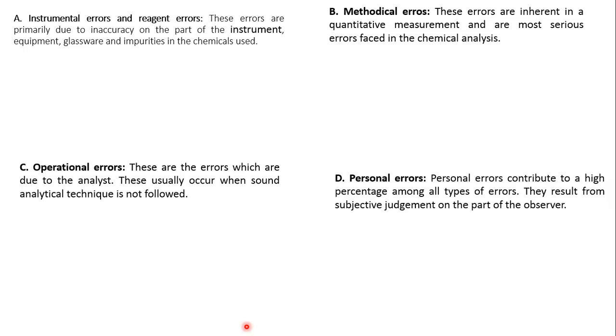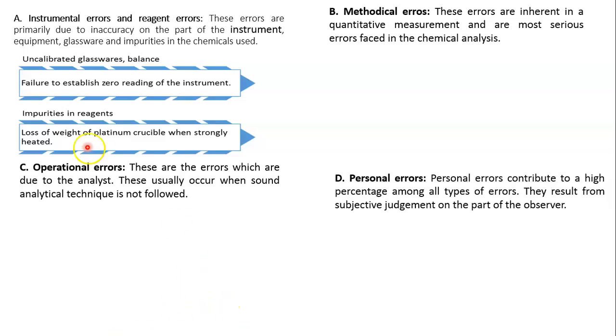There are 4 different sources from which it can come. First one, instrumental error and reagent error. These errors are primarily due to inaccuracy on the part of the instrument, equipment, glassware, and impurities in the chemicals used. So these are some of the examples of instrumental error.